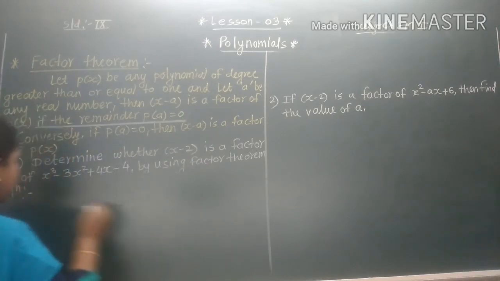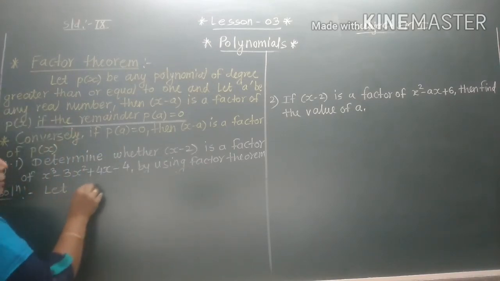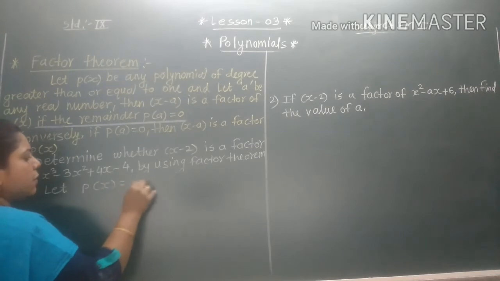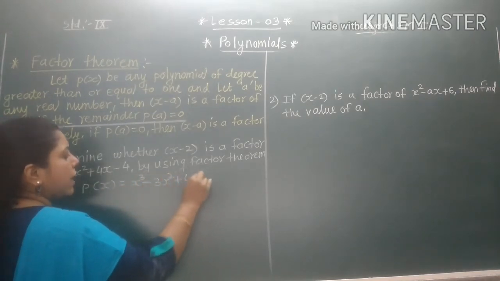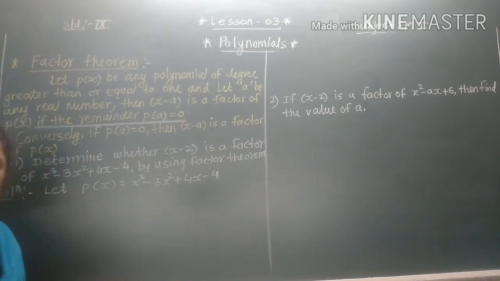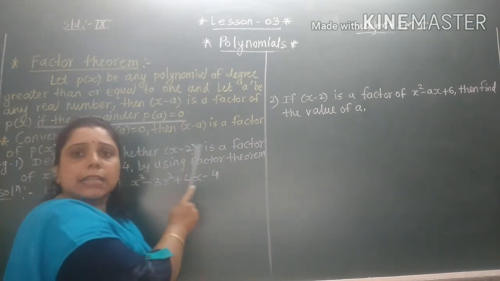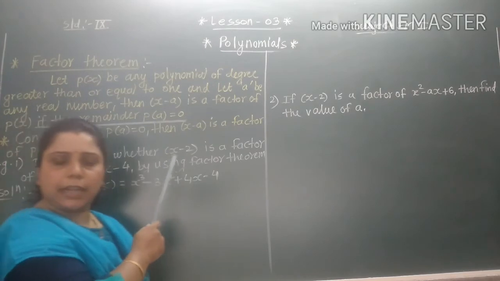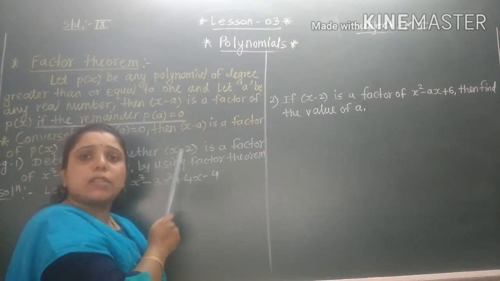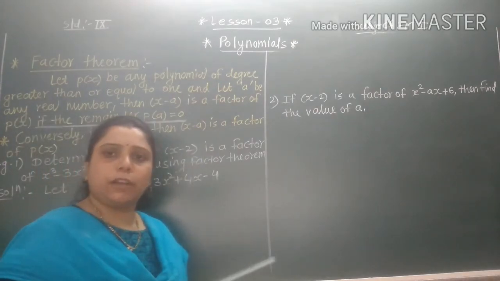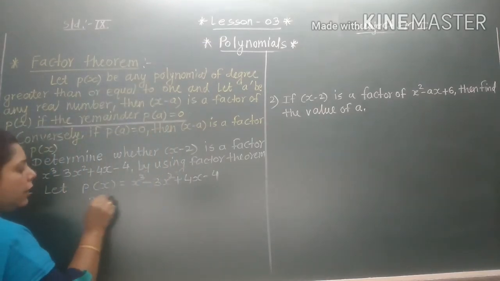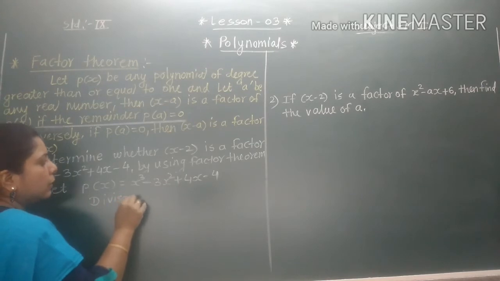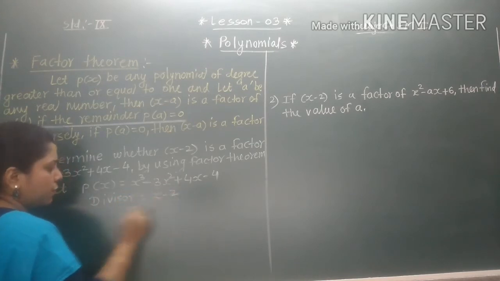Write down the solution. Let P of x be equal to x cubed minus 3x squared plus 4x minus 4, and your divisor is x minus 2. So I am taking x equal to the opposite of minus 2, which is plus 2.